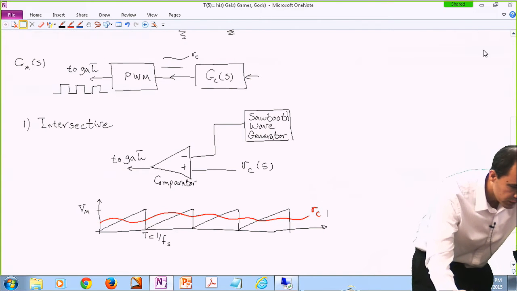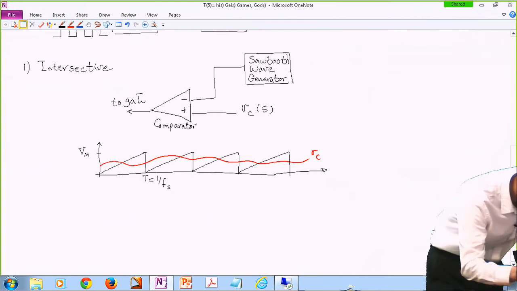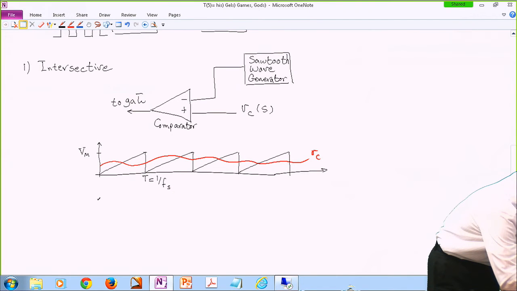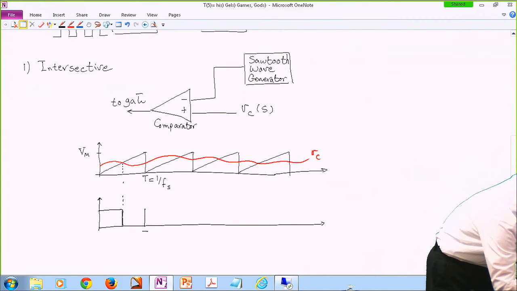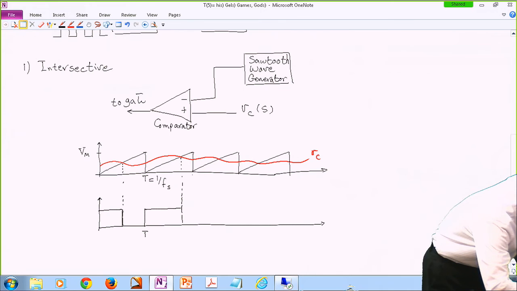Whenever these two lines or curves cross each other, that's a decision-making point for me. Well, this is an exaggeration. In reality, VC doesn't change this quickly. I'm just trying to demonstrate it.